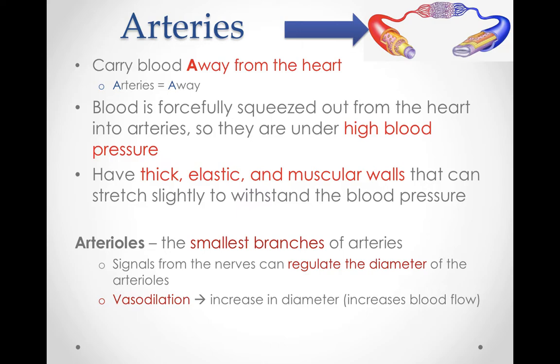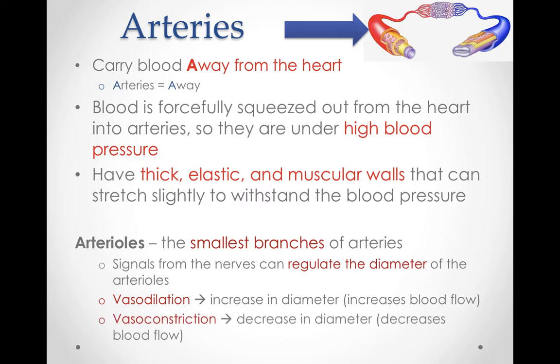Vasodilation is when we increase that diameter. If you picture the vessel getting a little bit bigger, it's allowing more blood to flow through it. So if you get a flushed face, that red face, whether you're working out or you're nervous about something, that's the blood vessels in your face that are vasodilating.